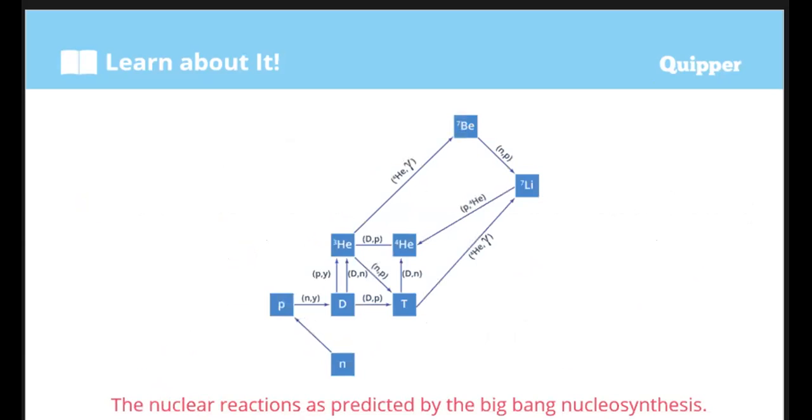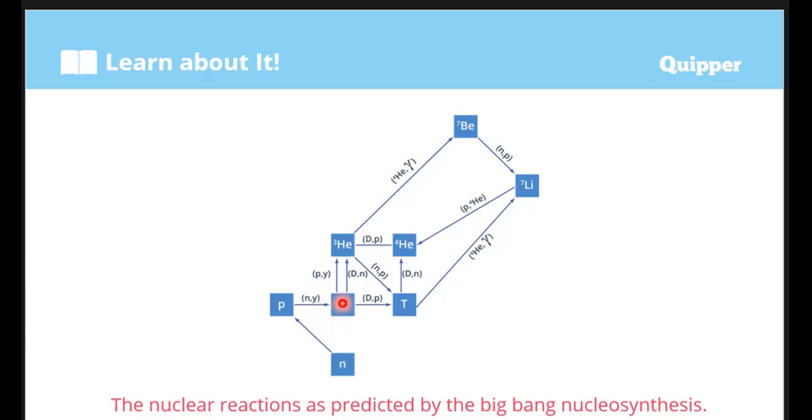So these are the nuclear reactions predicted by the Big Bang nucleosynthesis. As you can see, when a neutron is combined with a proton, a deuterium is being formed. A hydrogen begins with a proton, and when combined with a neutron, it forms an isotope of hydrogen, which is the deuterium.